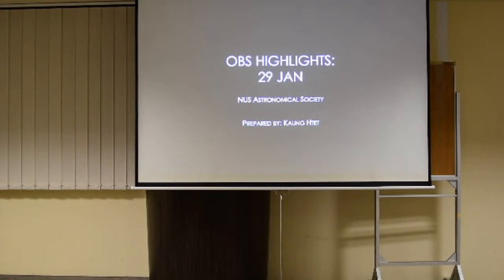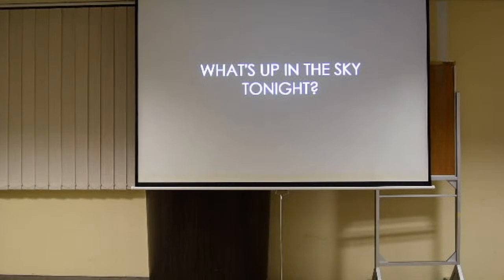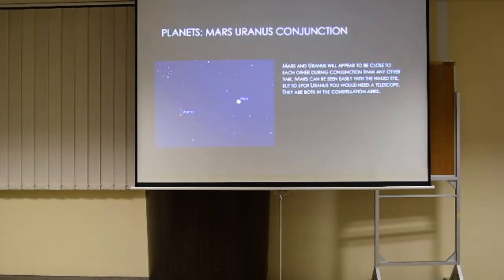Okay, guys, so I'm starting. Sorry about the technical difficulties, but now let's start. Unlike Nicholas, I'll keep it short and sweet so we can all go stargazing later. So, what's up in the sky tonight? First off, what you might see later would be Mars and Uranus.